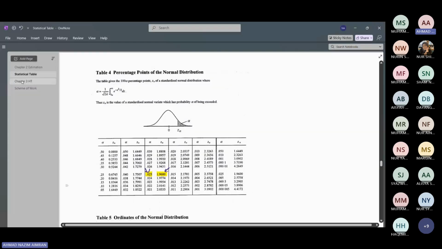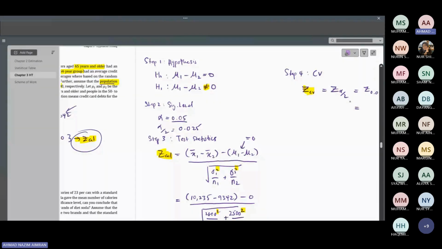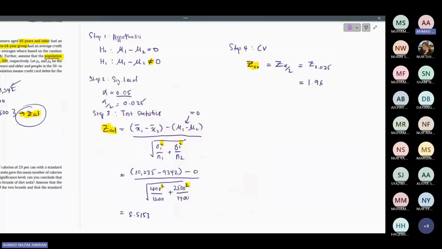So go back to our module. This value is equal to 1.96. And step 5 is the decision rule.